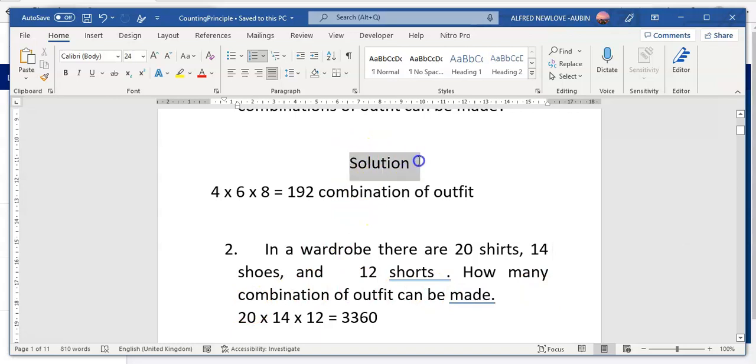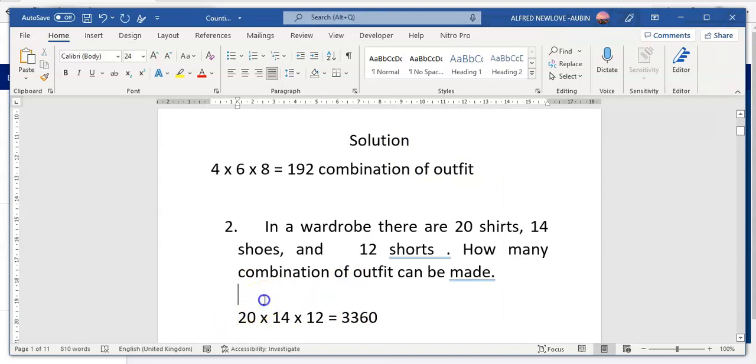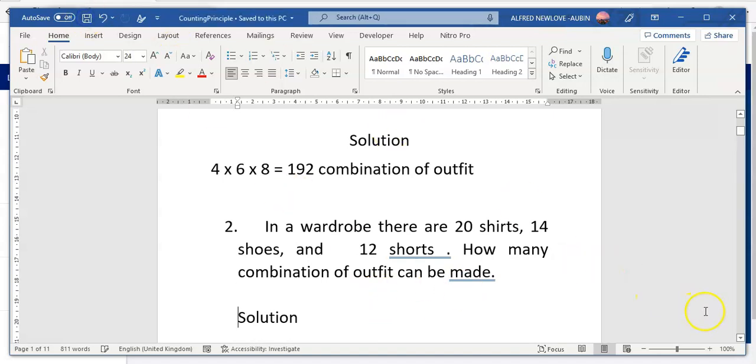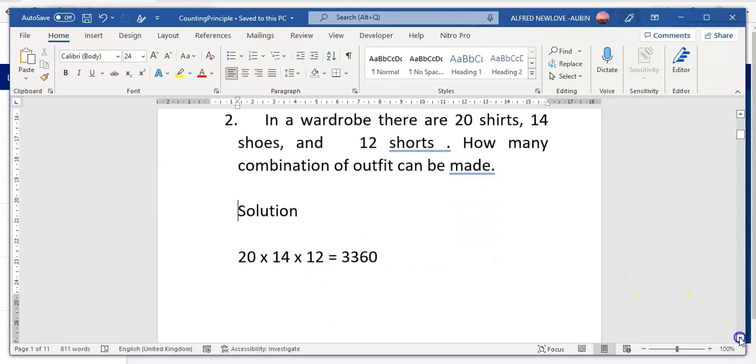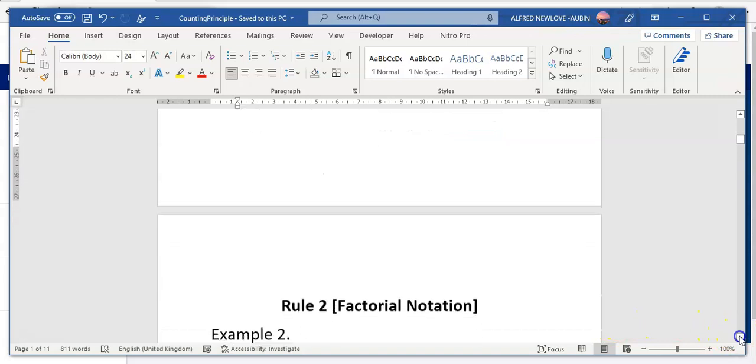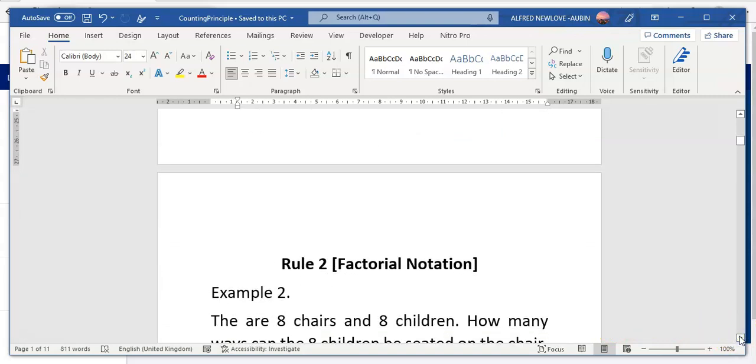Now we are going to look at the second rule. And what is that second rule? The second rule is actually the factorial method, where you use the factorial. Factorial notation.